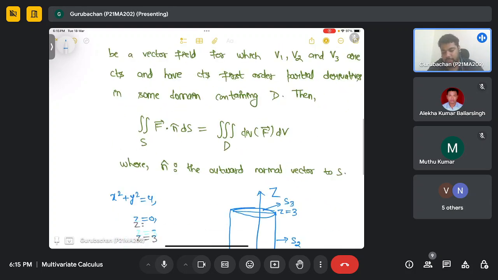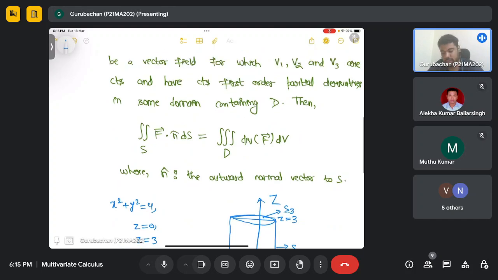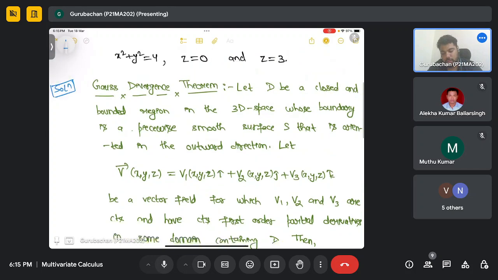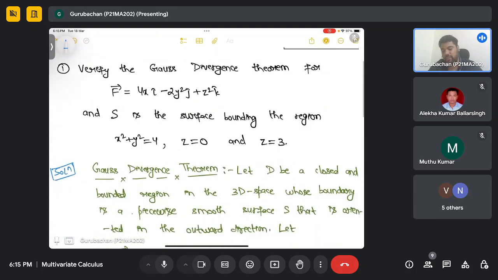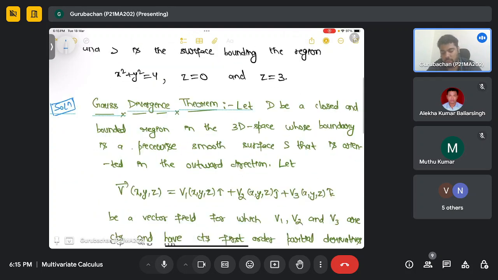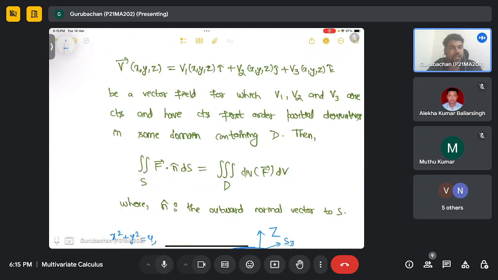Now, this vector field has continuous partial derivatives. Clearly it contains the polynomials 4x, 2y square, and z square, and these are continuous functions on any domain in R cube, and it also has continuous first order partial derivatives. So all the conditions of the Gauss divergence theorem have been fulfilled.